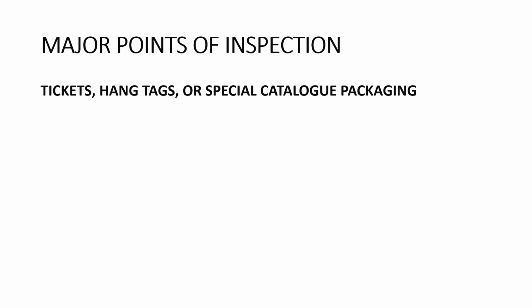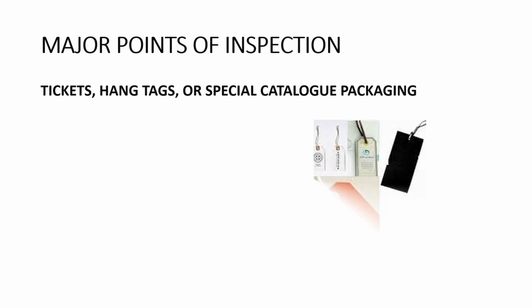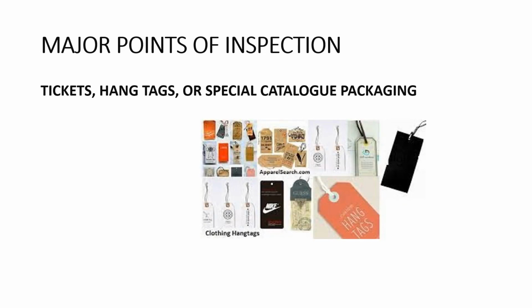So tickets, hang tags or special catalog packing, when you are talking about those, they must be inspected properly, whether the right ticket has been mentioned there, the right hang tag depending upon the end use of the garment is there, or any kind of special packing required for that particular product.